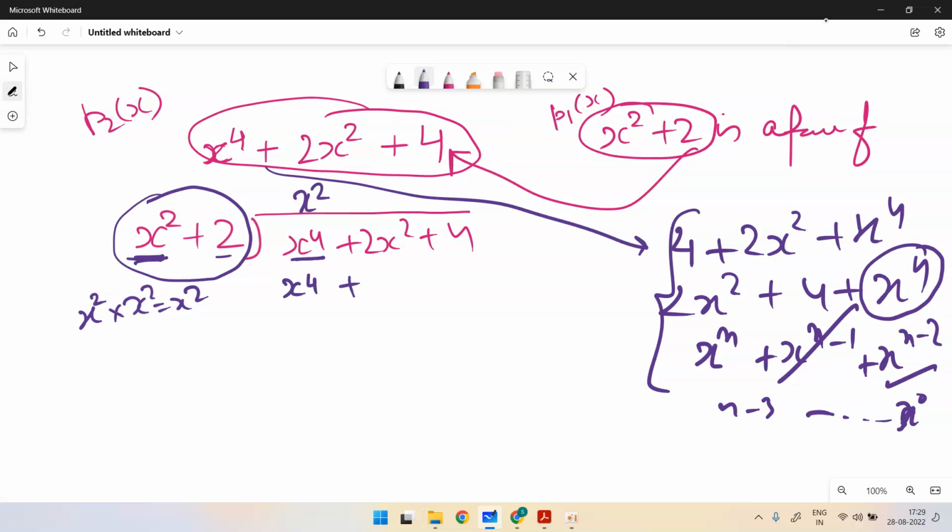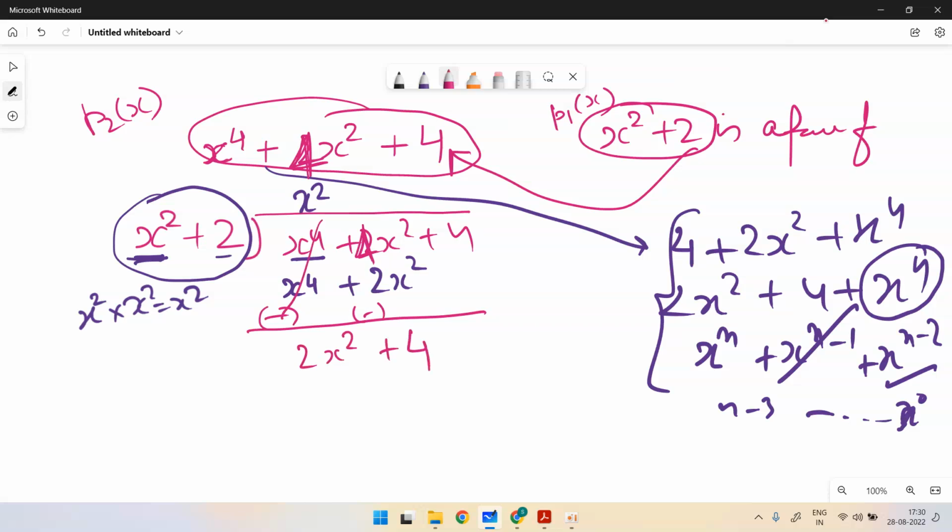You get x power 4 plus 2 into x square, that is 2x square. Sorry, 4x square. Then if you subtract, this will get cancelled. This will be 4 minus 2, which is 2x square plus 4.